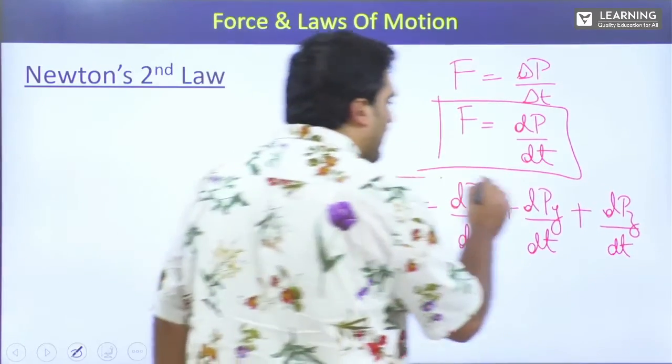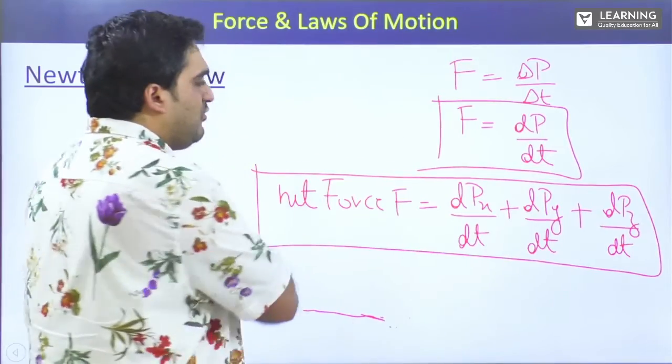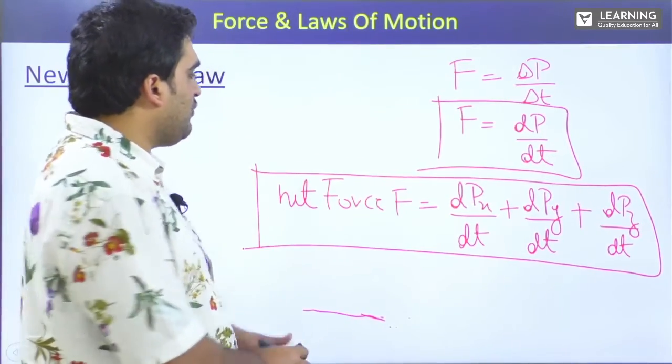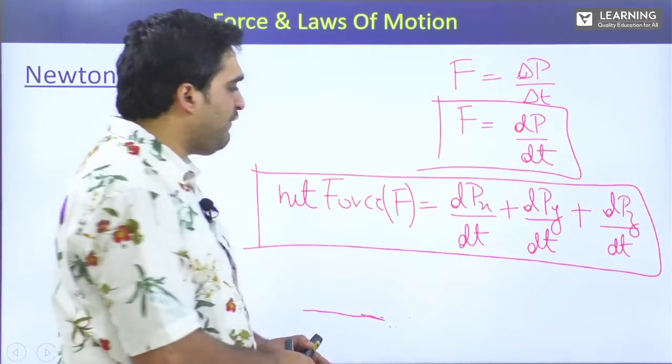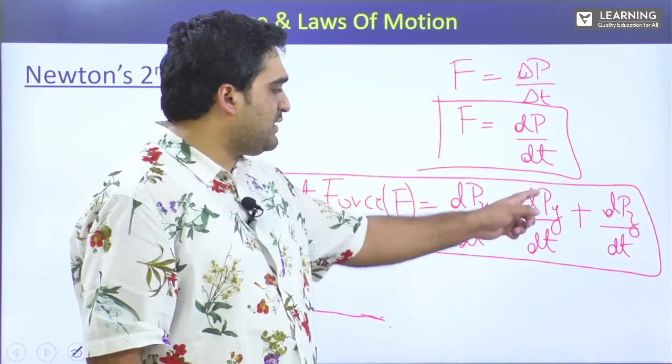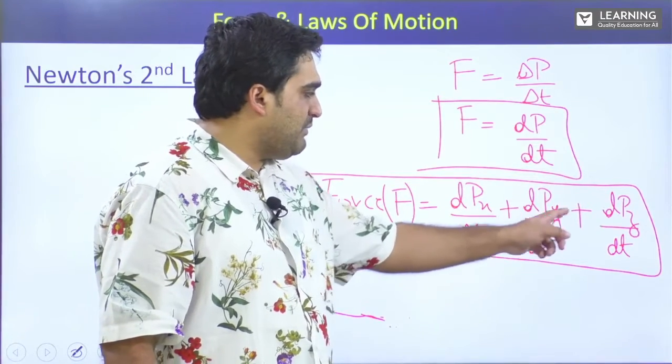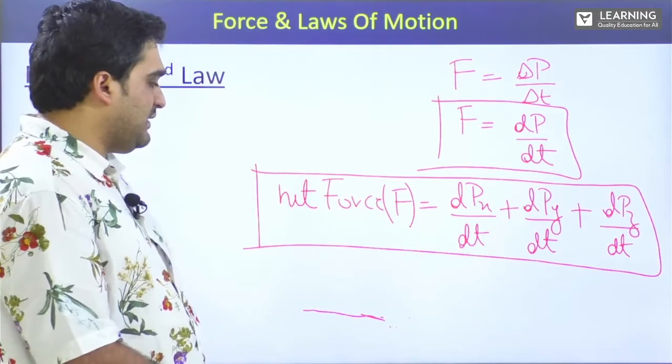So this is how you obtain the net force F, which equals dpx by dt, dpy by dt, and dpz by dt.